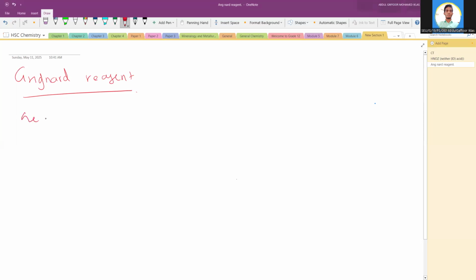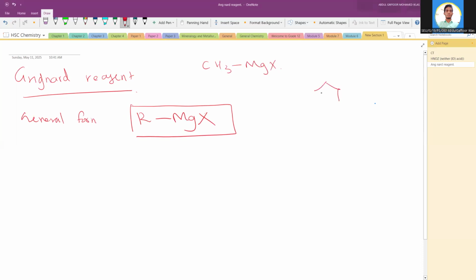The general form is RMgX. So if we have, let's say, CH3MgX, or benzene CH2MgX, these are called Grignard reagents. In the R, we might have any hydrocarbon.